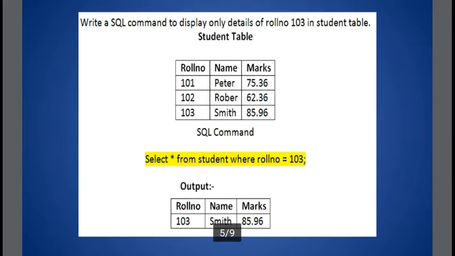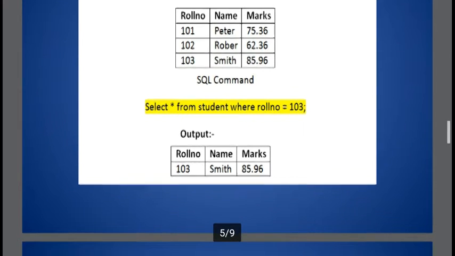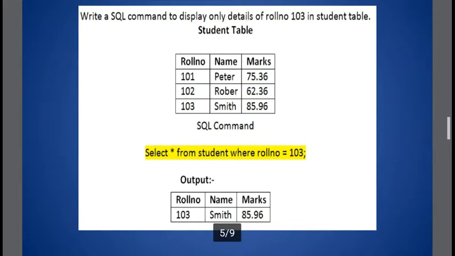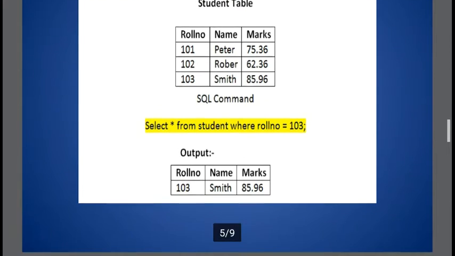Here we use WHERE, because I want to see a selected row. So when you want to see a selected row, you must use WHERE roll number equals 103. It will select only the complete row of 103: roll number 103, Smith, 85.96. So the new thing here is where, which we use for selected rows.